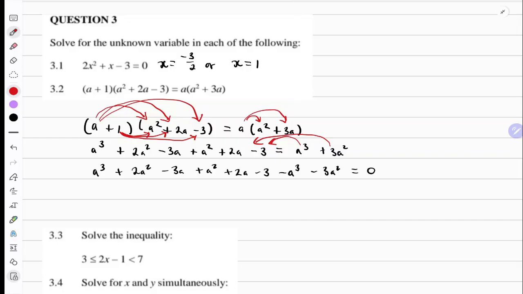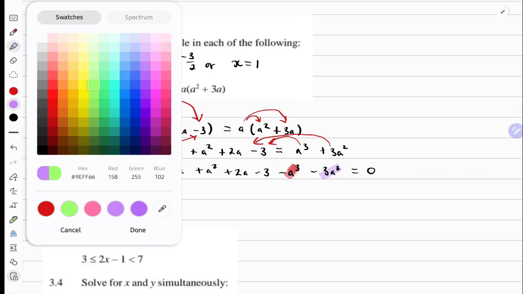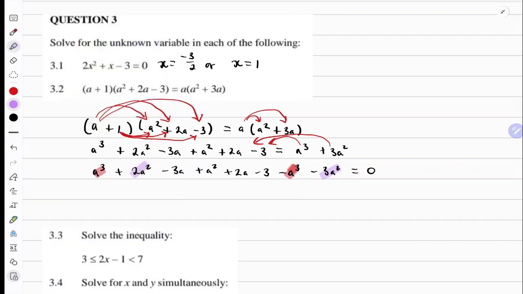So now I'm just going to use color codes to group like terms. All terms that are cubed, I'll use red. And then all square terms, I'll use purple. And I'll choose a different color for the terms containing a.